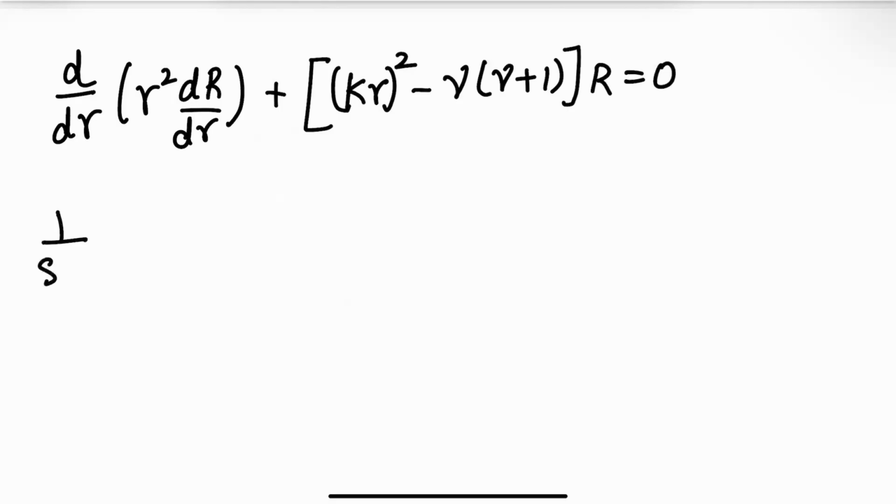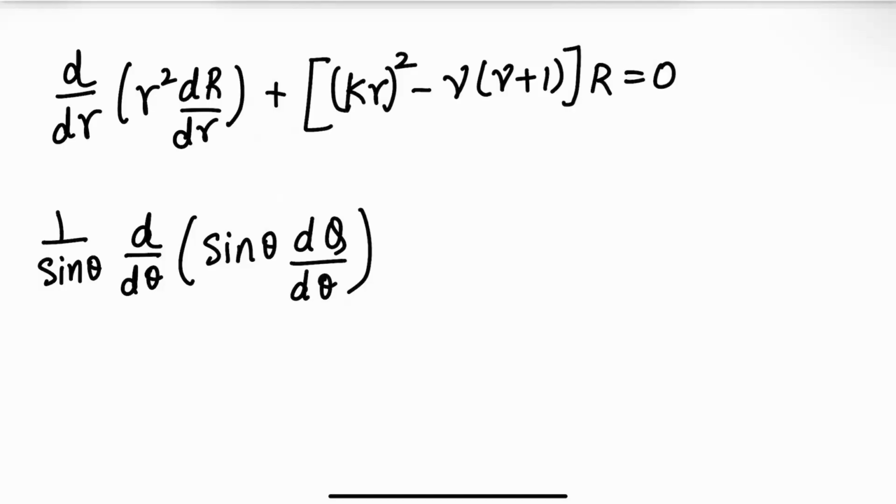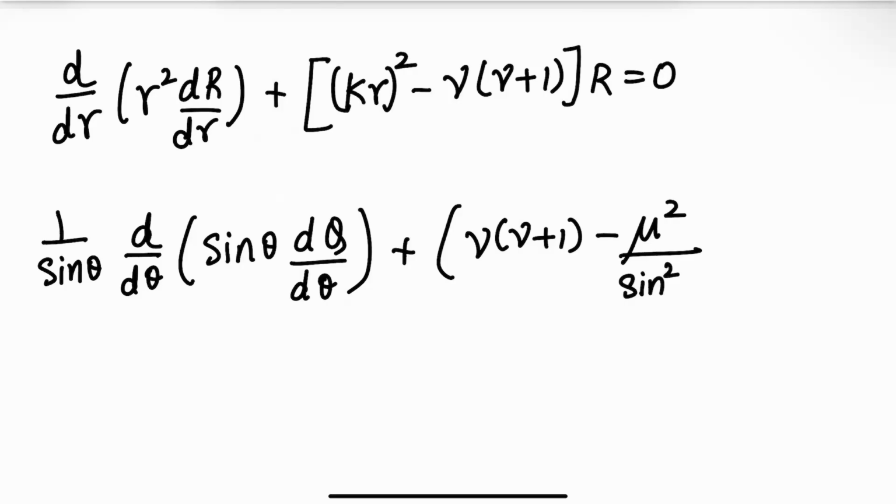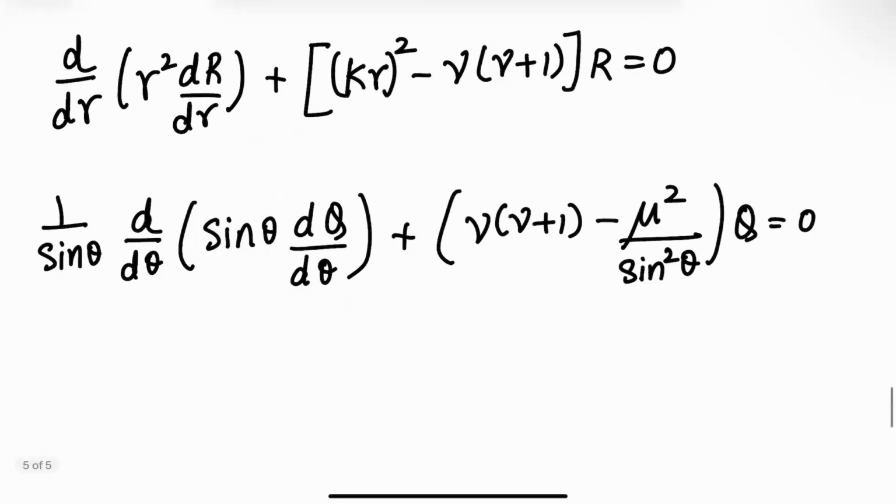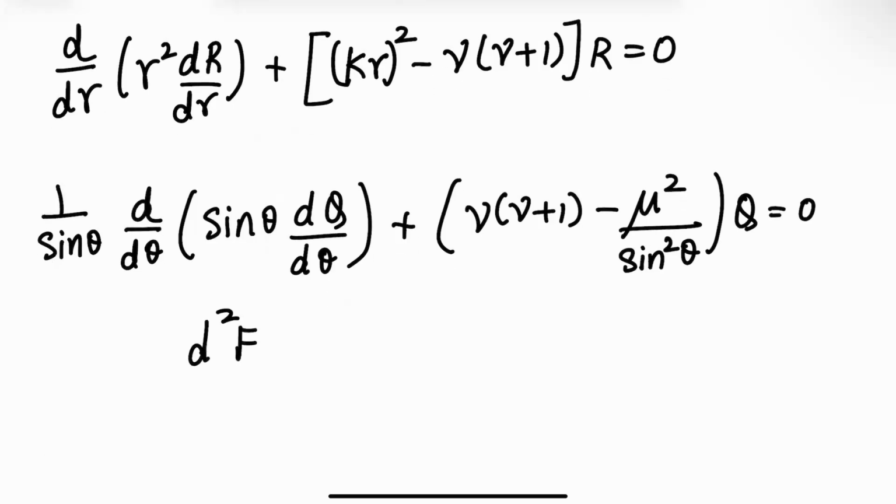The other equation is 1 over sine theta, d over d theta of sine theta dQ over d theta, plus nu times nu plus 1 minus mu squared over sine squared theta, Q equal to 0. And the last equation was the simplest one, d squared F over d phi squared plus mu squared F equal to 0.